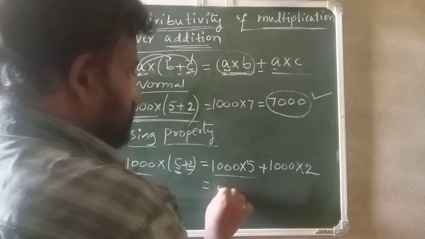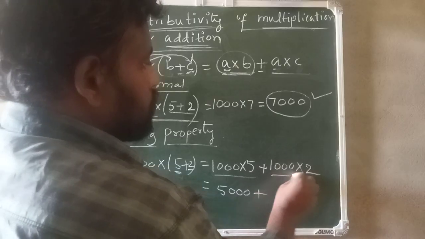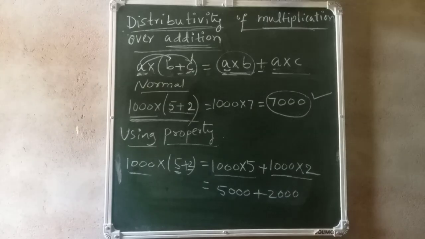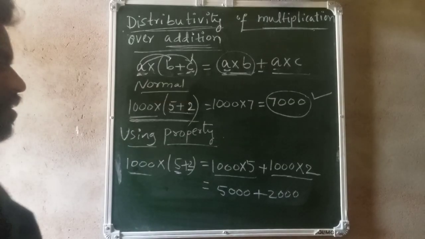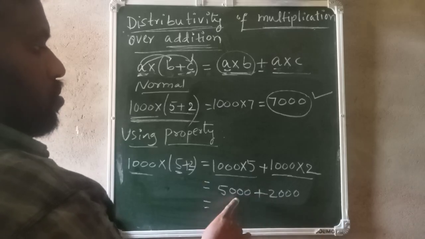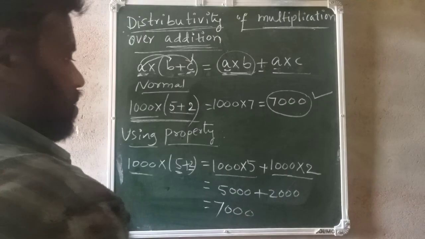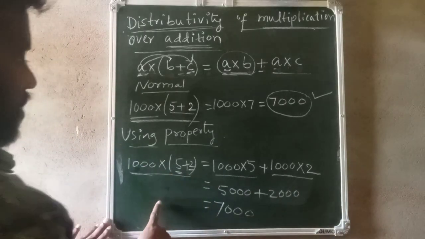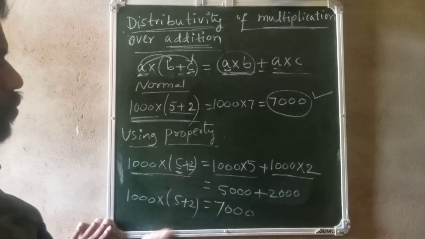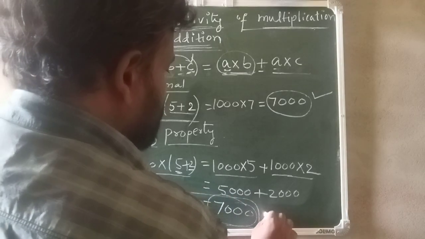1000 into 5, that is 5000, plus 1000 into 2, that is 2000. Okay. Next, plus means addition, we have to add. So 5000 plus 2000, we will get 7000. So I will write the same thing here: 1000 into 5 plus 2. See here, 7000 is the answer.